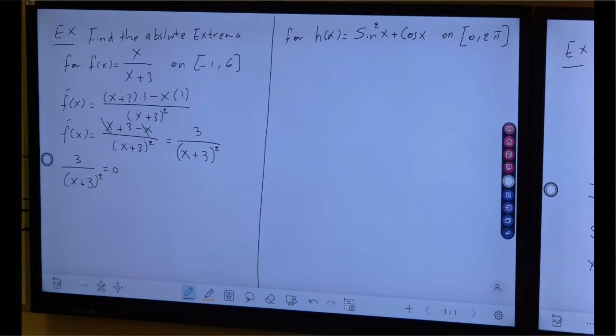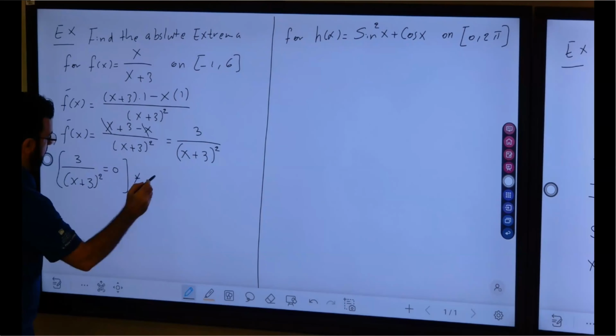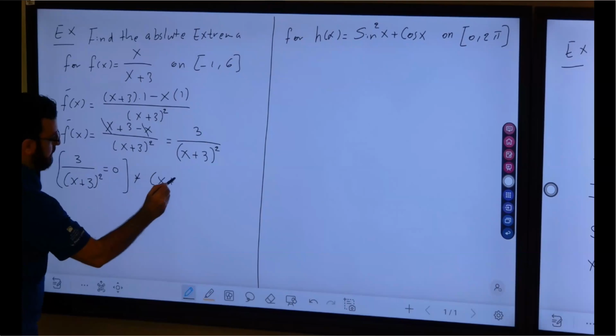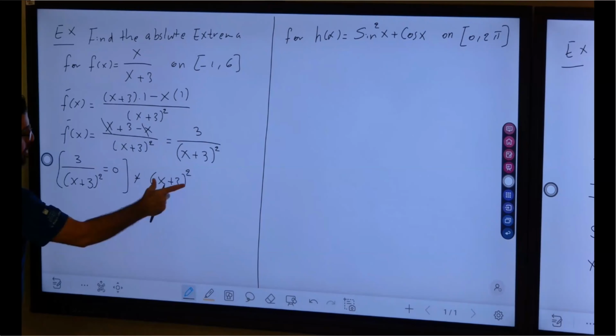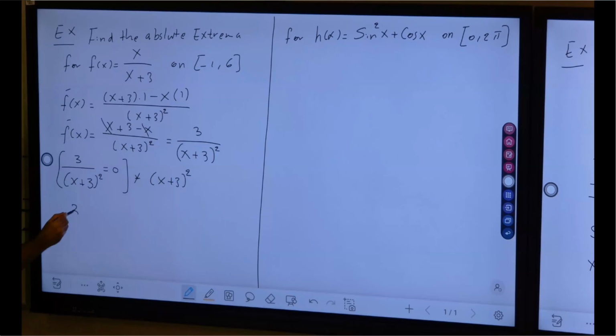We multiply by the denominator, x plus 3 squared. Multiply everything: on the left side it is 3, and multiplying the right by 0 gives 0, which is a wrong statement. So there are no critical numbers.